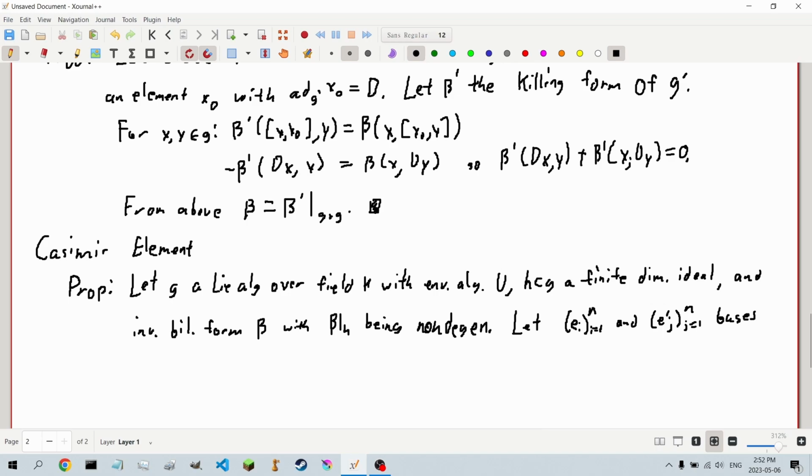These are bases of H such that beta of two elements of the bases is, essentially, writing beta through these two bases gives the identity matrix. So it's 1 if the indices match up, 0 if they don't.